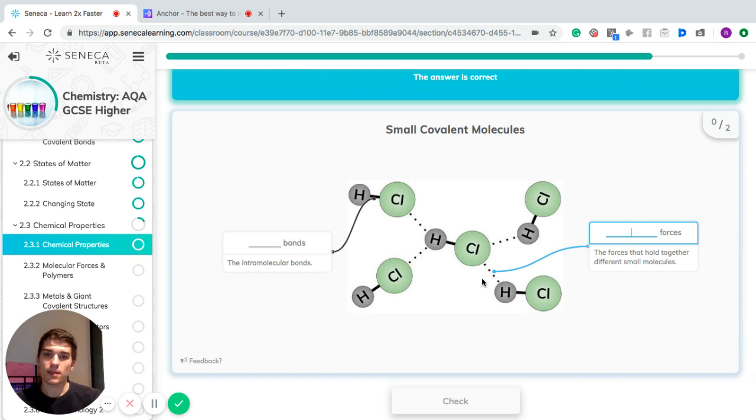Now, if you've got small molecules, the forces between the atoms in the molecule are covalent bonds, the intramolecular bonds, and the forces that hold together different small molecules are the intermolecular bonds, or intermolecular forces.